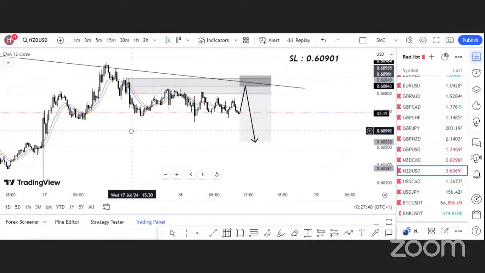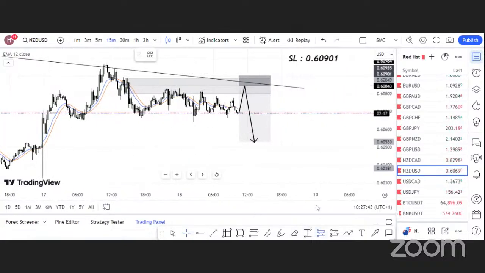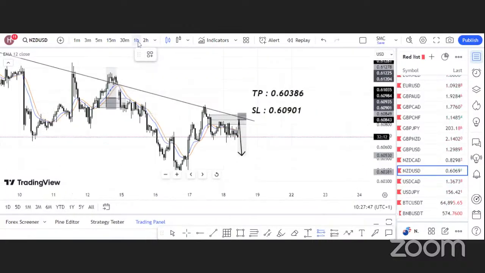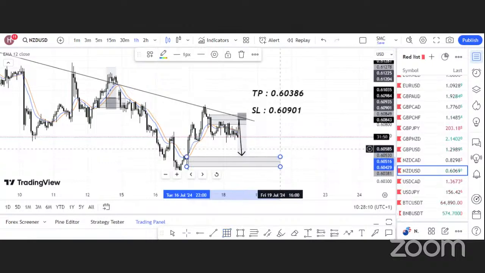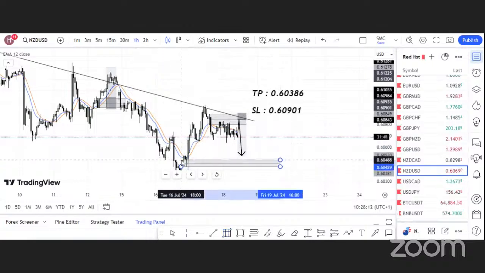A buy limit is, let's say, from the higher time frame, this market is a sell market. The market is selling. Then with my analysis, I saw a buying opportunity around this level. My analysis is saying that when the market gets to this point, the market will buy.